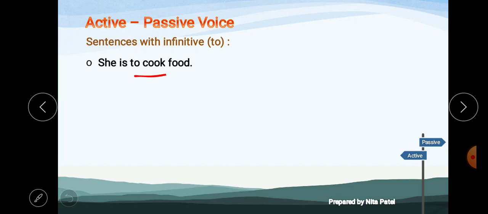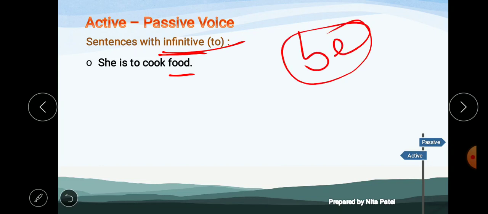Wherever you find this infinitive, how to transform these sentences into passive is given here. Now one rule is there, wherever you find this infinitive, you just put be as the to be form.